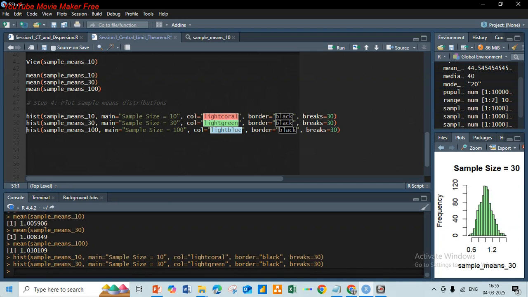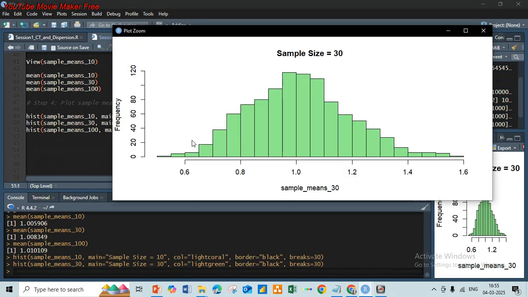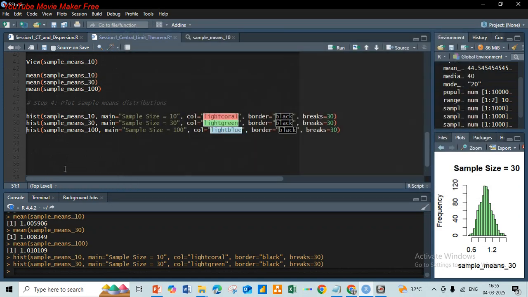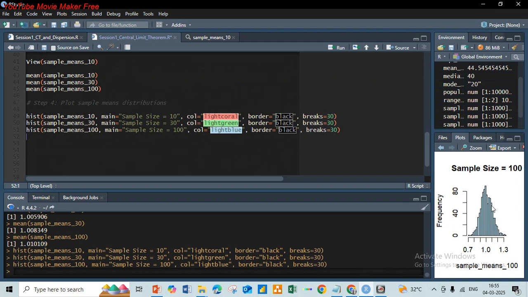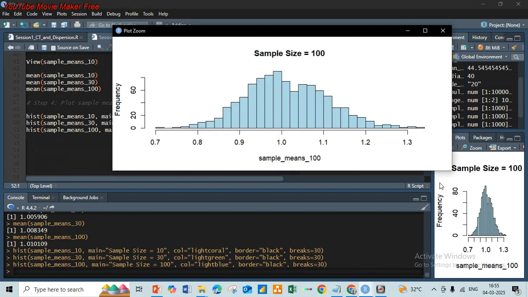When we look at the same thing for sample size of 30, we see that it much better approximates a normal distribution, right? That is because the sample size is now increased, and hence we see a better looking distribution here. And when we go to the sample size of 100, it becomes even better, right? So it becomes more of a normal distribution here as well. So actually, with sample size of 30 in our example, it was more or less looking like a normal distribution, a better normal distribution than what it is here.